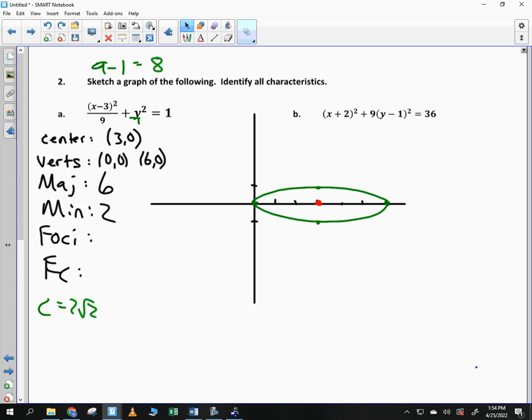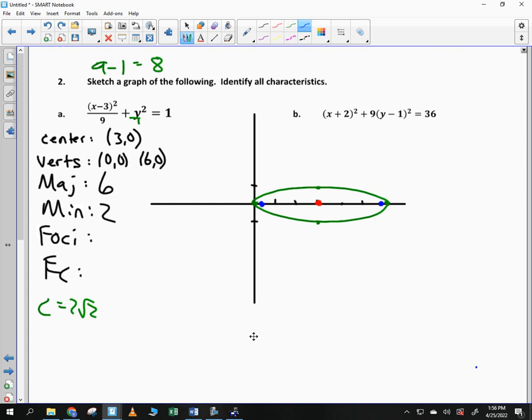Very good. We're going to go 2.8 units according to Avery Benda, our approximator today, in each direction. And watch how I'm going to write this in my foci. Very good. So we've determined the foci.